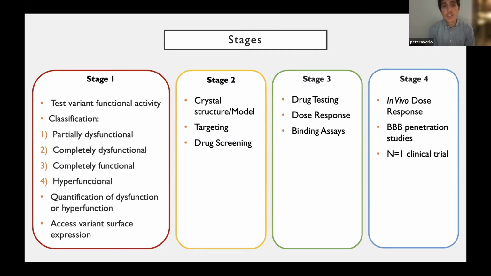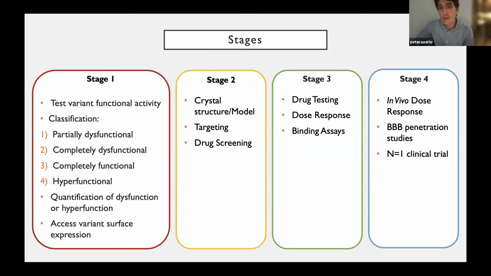And then stage two, we use 3D structure modeling to identify possible binding sites that can accommodate drugs and possibly increase the function, or help it to fold better, or get it to the surface.